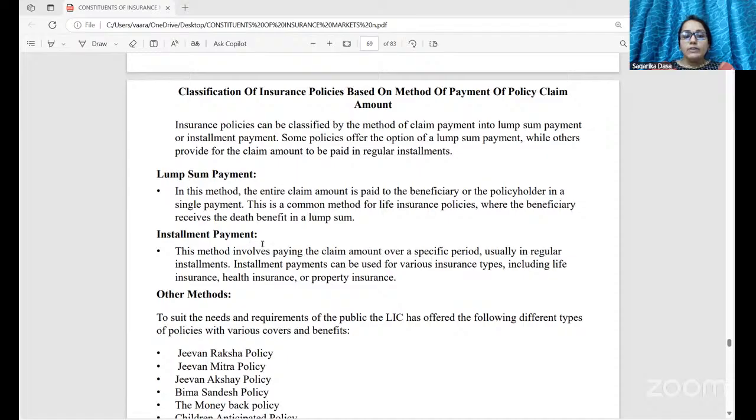Installment method involves paying the claim amount over a specific period, usually in regular installments. Instead of paying the whole amount at a time, they will pay it in installments. Usually it depends upon insurance type, including life insurance, health insurance, or property insurance. So, these are the two variations of insurance policies based on the policy claim amount.